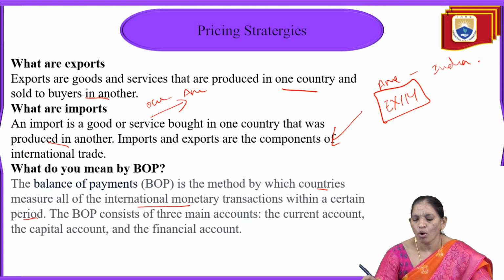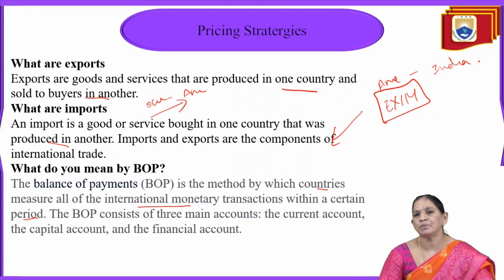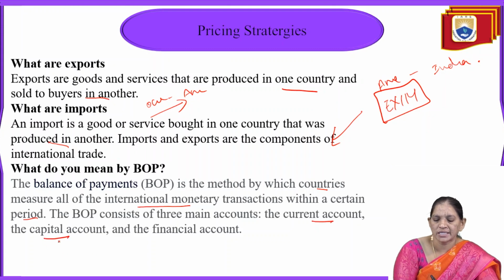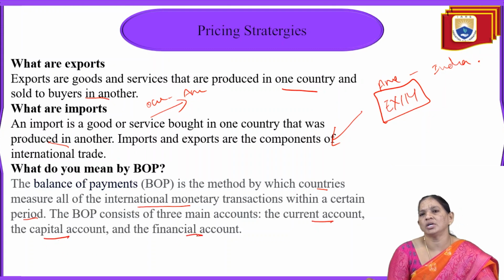For example, the balance of payments considers 3 types of accounts: one is the current account, next the capital account, and the financial account.